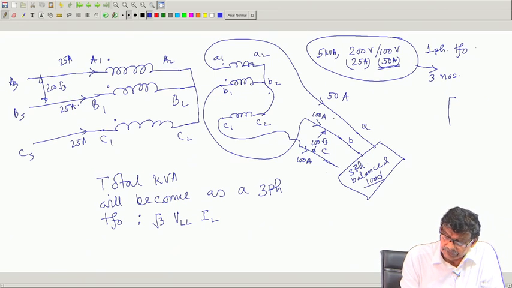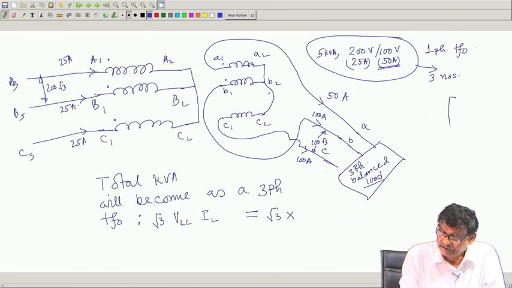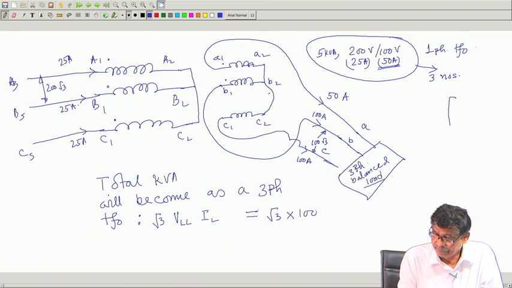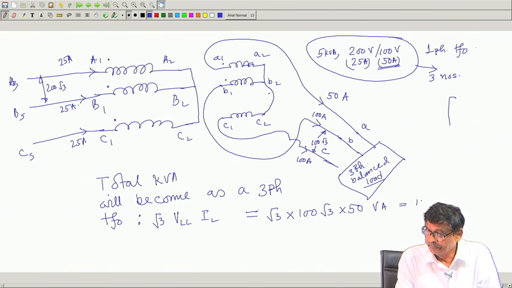So, if you calculate from the secondary side, the total kVA will become √3 times VLL, which is 100 into √3, and IL is 50, so much volt ampere, which becomes 15 kVA.